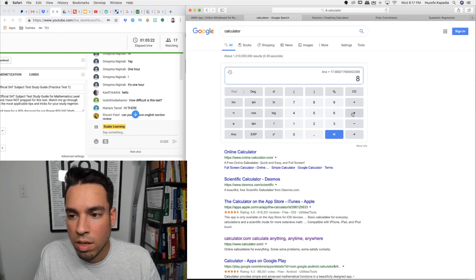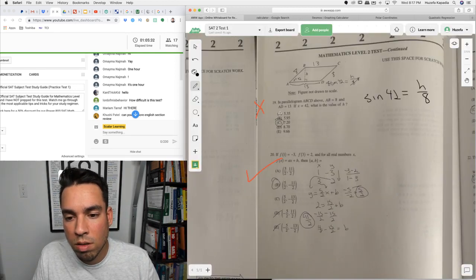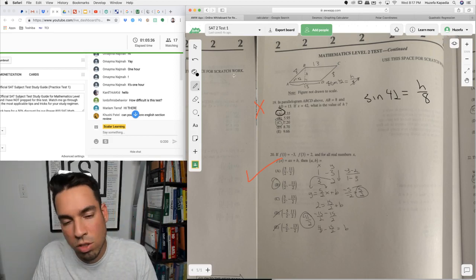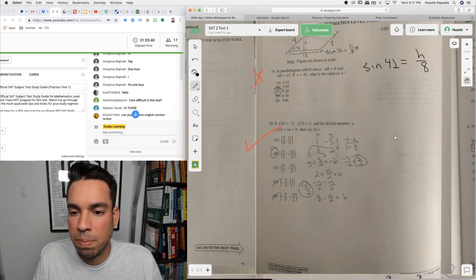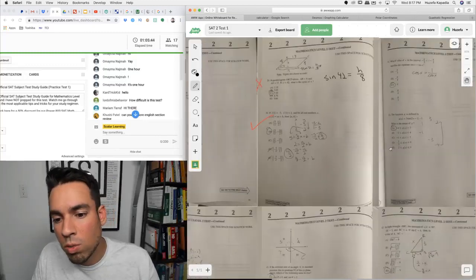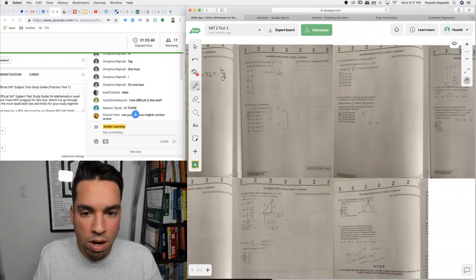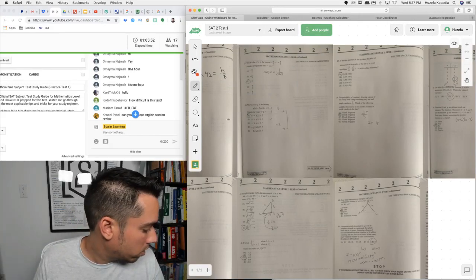So it's 8 times sine of 42, which is 5.35, which is A. Darn it. That was so terrible. I knew that one. But okay, there you go. Silly mistake. Got to be careful. An early one like that, you'd want to be really careful on the real thing. I wouldn't want to miss something like that where I knew what I was doing.